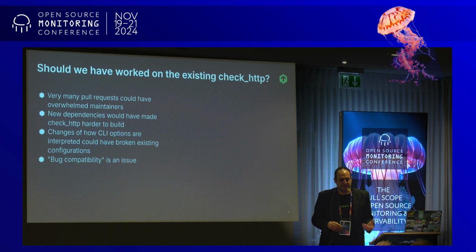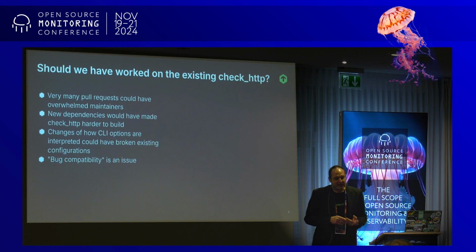Then there was the question, should we have worked on the existing check HTTP? We considered this, but this would have led to very many pull requests and thus probably overwhelming the existing maintainers of the check. It would have introduced new dependencies.